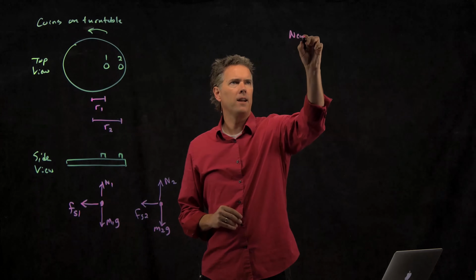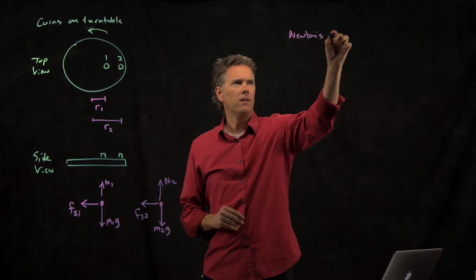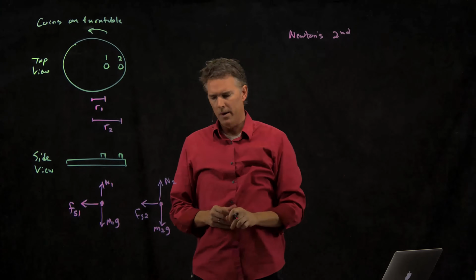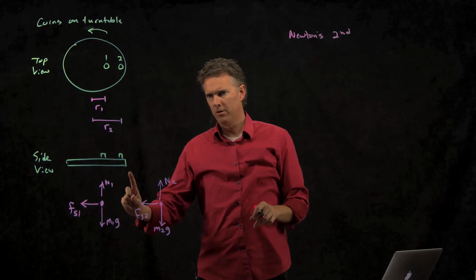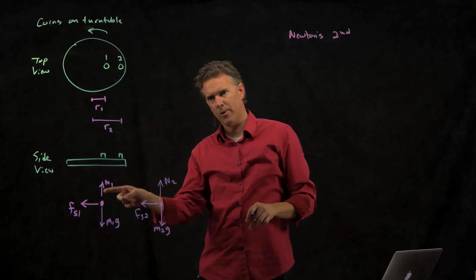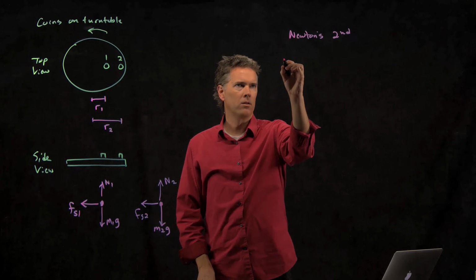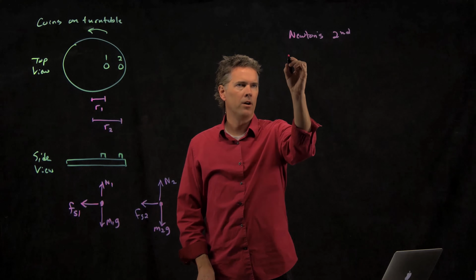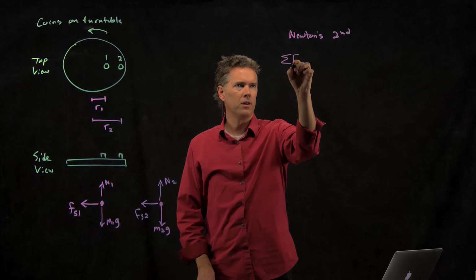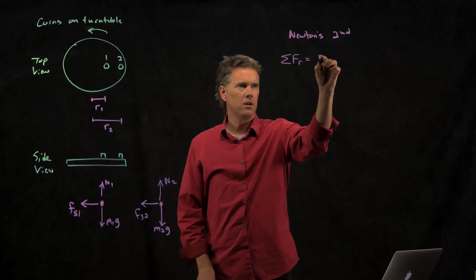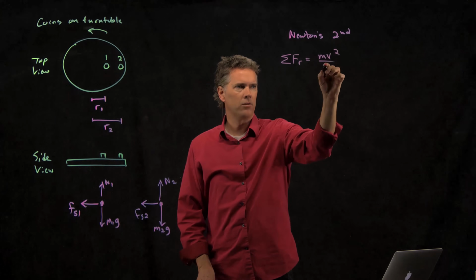So Newton's second, we have vertical components to worry about, and we have radial components to worry about. So let's write down the radial components first. We have sum of the forces in the radial direction equals mv squared over r.